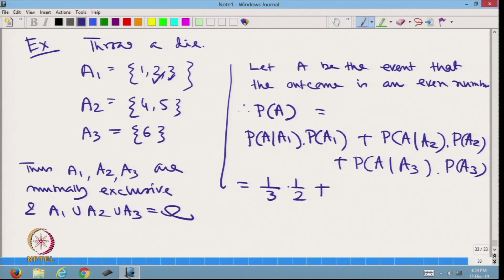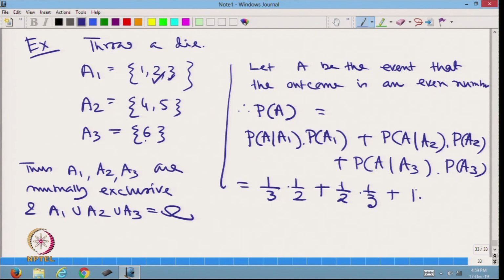Here there are two possible values and one of them is even, so that probability is half, multiplied by probability of A2, which is 1 by 3 because occurrence of 4 or 5 is 1 by 3, plus there is one number 6 which is even.